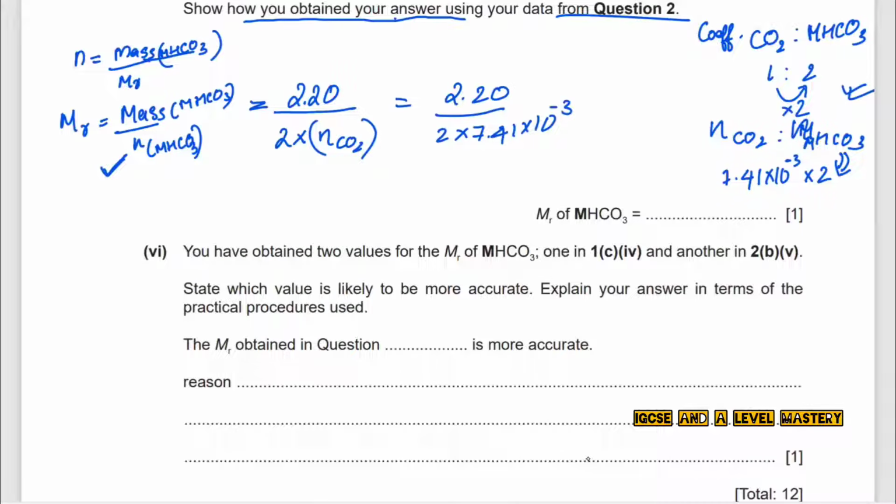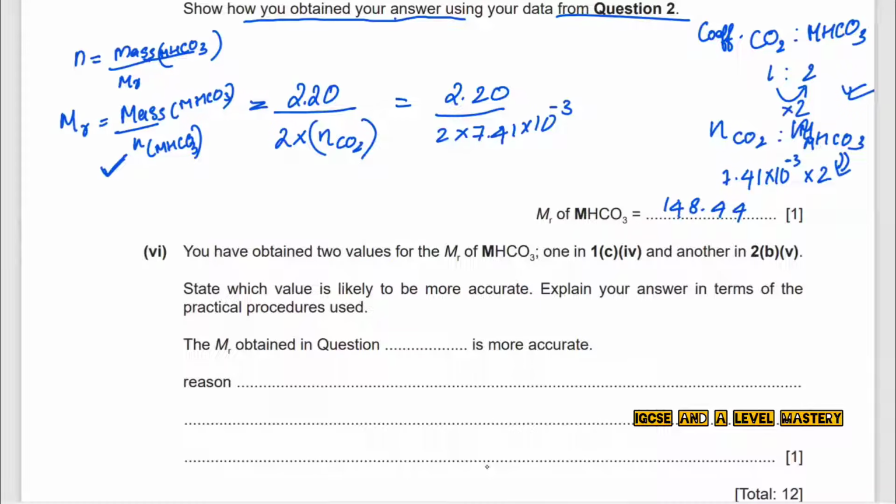Your answer would turn out to be 148.44. And this is the Mr of metal hydrogen carbonate. You don't need any units, as the Mr doesn't have any units.